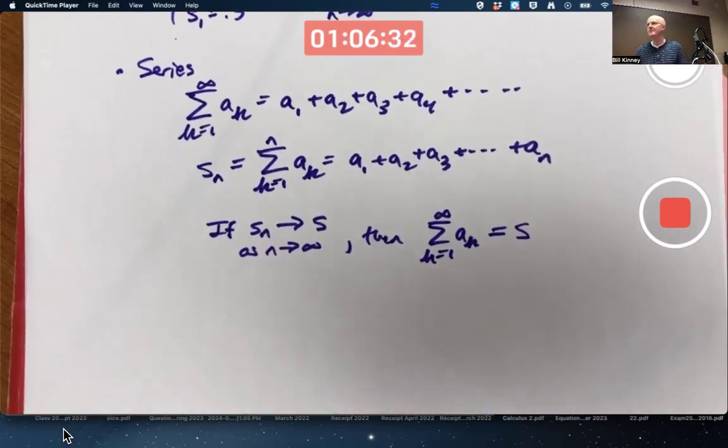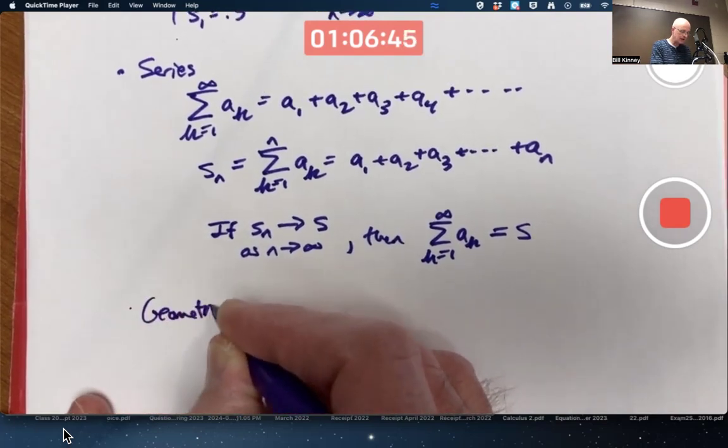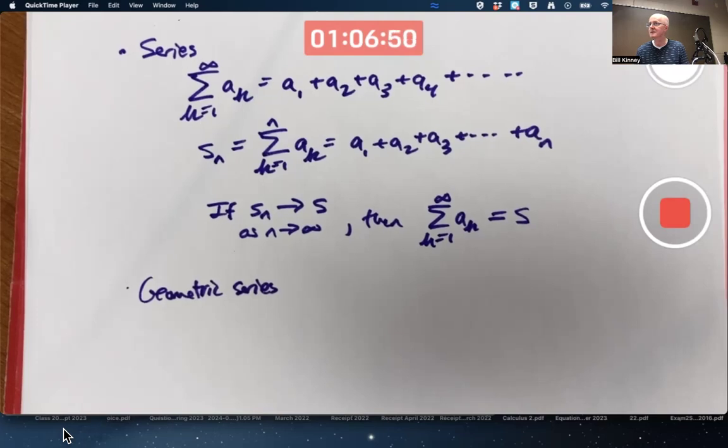Problem with series, though, unlike improper integrals, is it's hard in general to figure out whether they converge or not. We need a bunch of different tests. Of course, geometric series are nice because we have formulas.